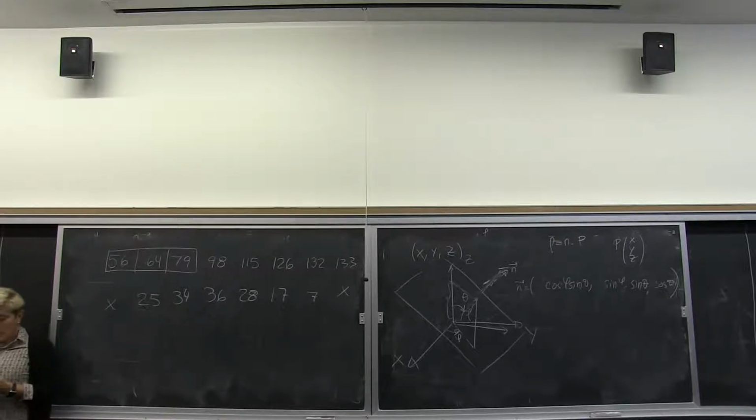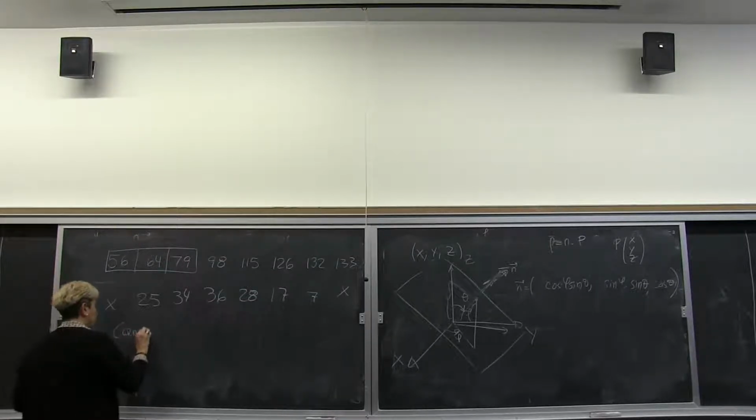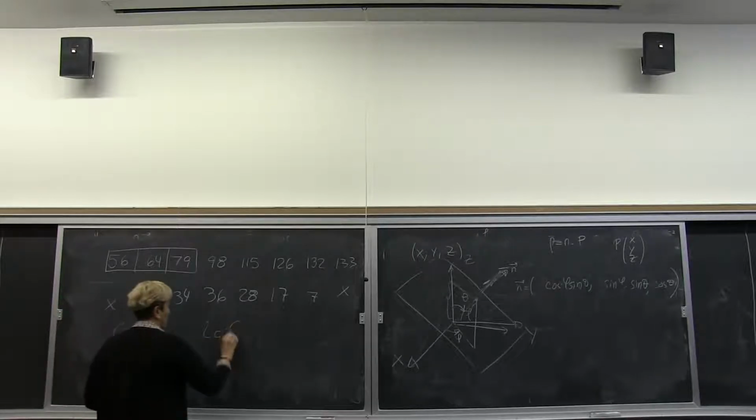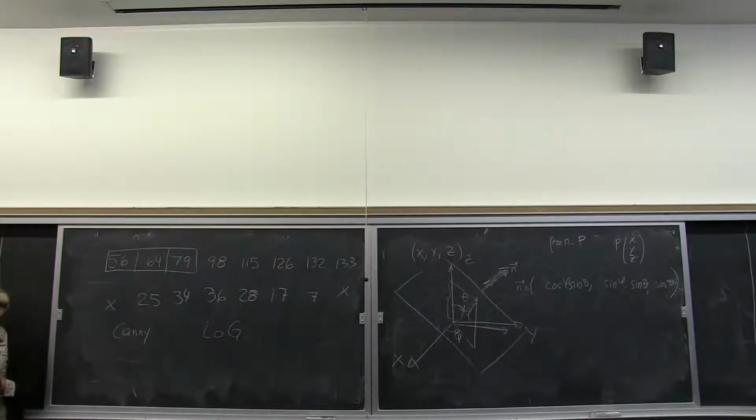All right, so the next question is a little more conceptual. It says, compare the Canny edge detector with the Laplacian of Gaussian edge detector for each of the following questions. So I asked for Canny versus LoG. The first one is the order of the derivatives that they use.